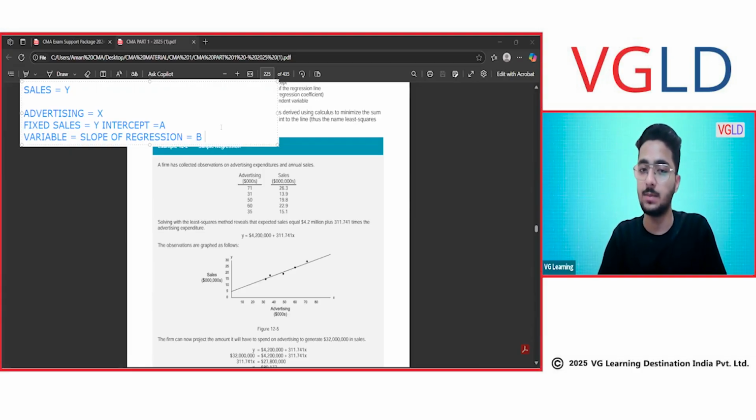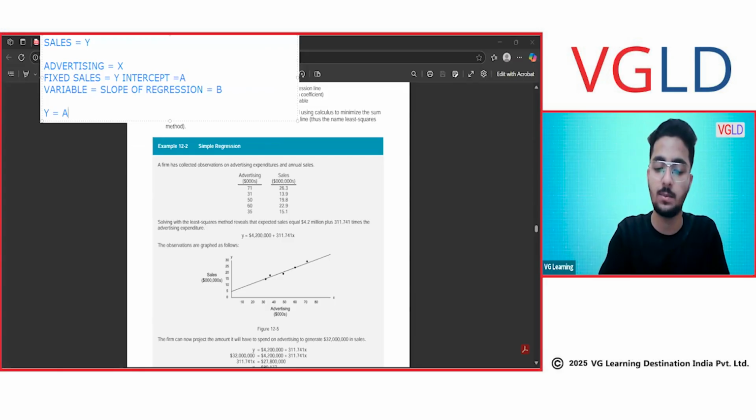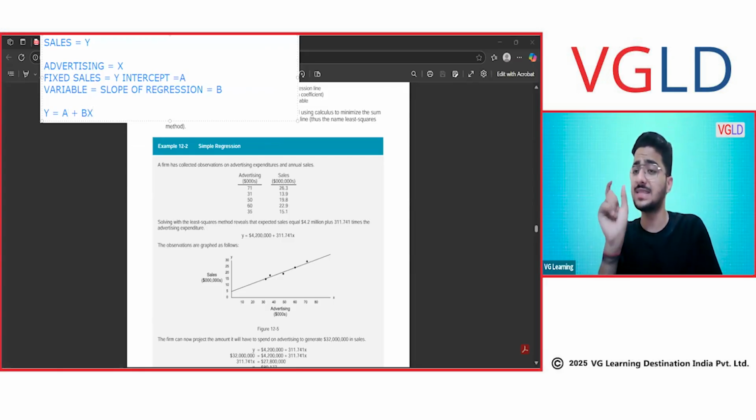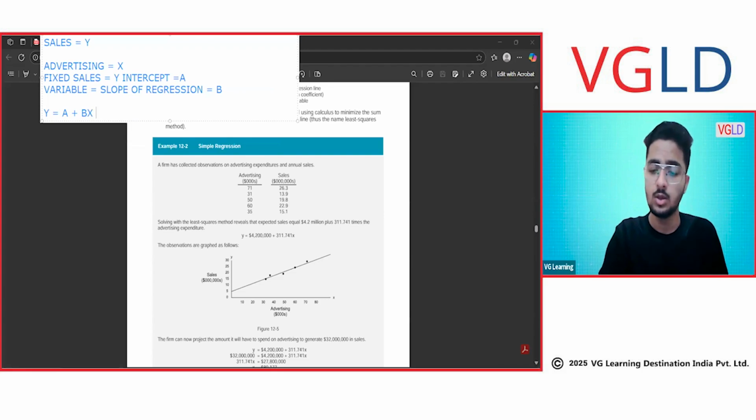Now, let's take an example. Let's put all these things in our equation. Y is equal to A plus Bx. So here my Y is my sales, which is dependent on advertising. What's your A here?